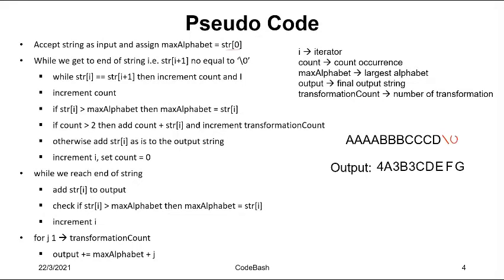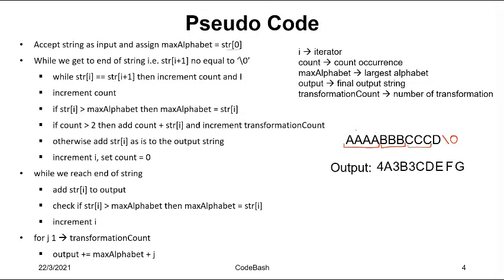So over here, we are basically iterating from the first till the second last character in the string, and for all those characters we are using this while loop to check the consecutive occurrence of every alphabet that we have.